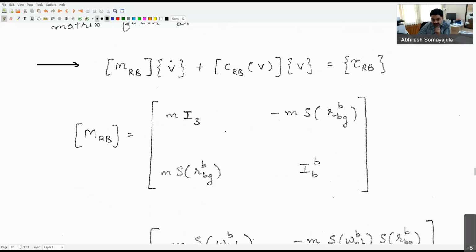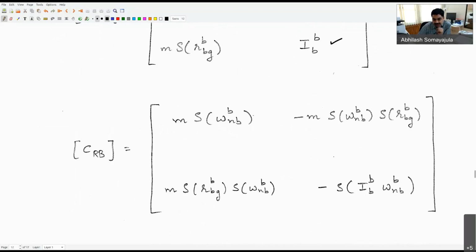Now we have simplified these things with respect to IBB. So notice that here we will no longer find IBG anywhere. We are expressing always in terms of IBB. Similarly, the CRB matrix also we are expressing in terms of IBB.